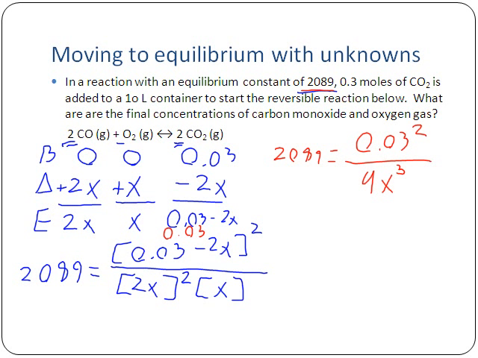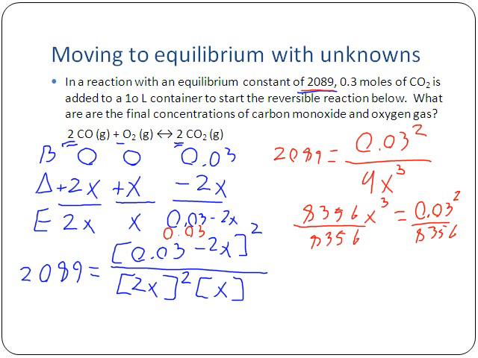And so at this point, we can just solve for x. Let's multiply x up. And so we have 2089 times 4x cubed, and that ends up being 8356 x cubed is equal to 0.03 squared. And so divide both sides by 8356.